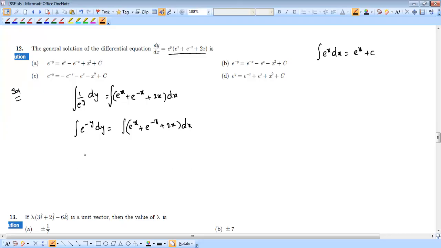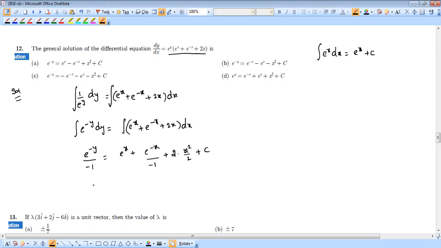Here integration of e power minus y is e power minus y, but the coefficient of y is minus 1, so minus 1 will come in the denominator. Integration of e power x is e power x, integration of e power minus x is e power minus x divided by minus 1, and integration of 2x, 2 will come out, and for x it is x square by 2, and put an arbitrary constant.